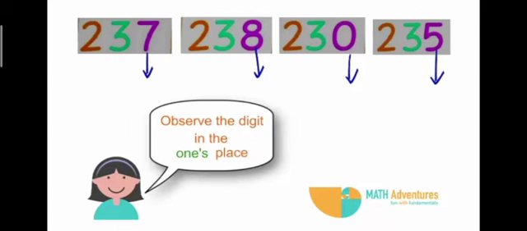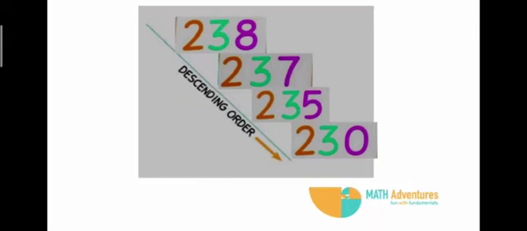So what will be the biggest number? The number which is having 8 at units digit. And which will be the smallest number? The number which is having 0 at units digit. Got it, everyone? So when we arranged them, we got 238 as the biggest number, then 237, then 235, and then the smallest number 230.